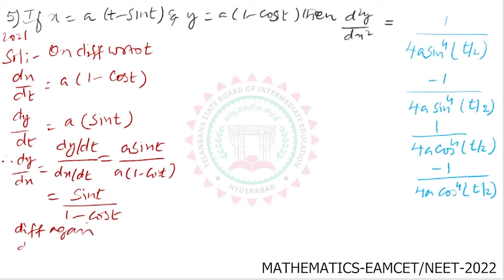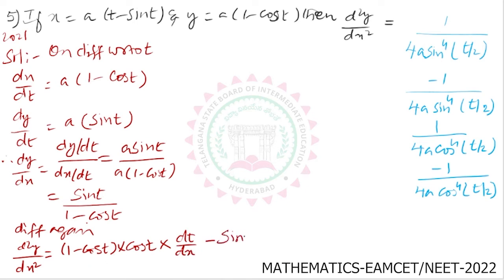So this becomes d2y by dx square is equal to denominator 1 minus cos t into derivative of sin t is cos t. We are differentiating with respect to x, but it is in terms of t. So you have to multiply with dt by dx, minus numerator. What is numerator?